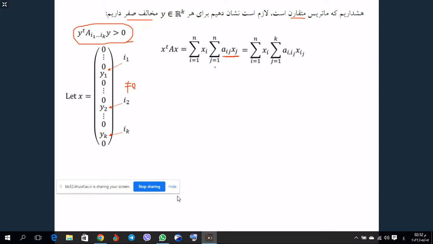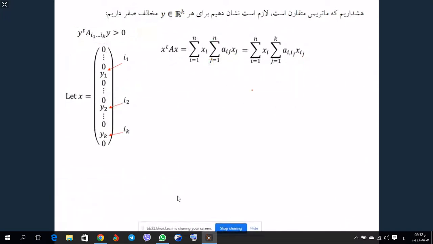We change this notation by j from 1 to k, and we use a_j by a_ij.